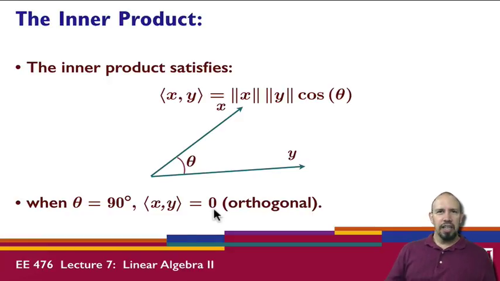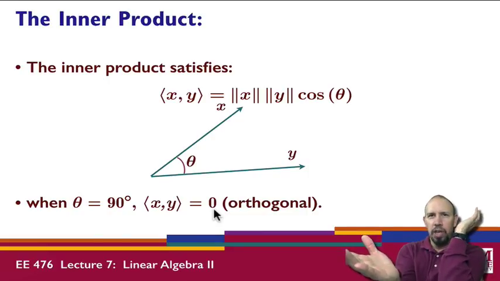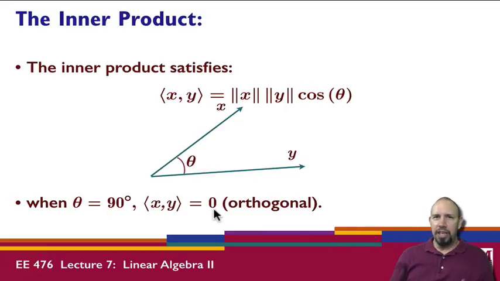This is a concrete way of thinking about perpendicular. Notice the vectors x and y can be in n-dimensional space, not even 3-dimensional, and we can still define the concept of this angle that way. This is a really powerful concept, and when the angle is 90 degrees, the two vectors are orthogonal.